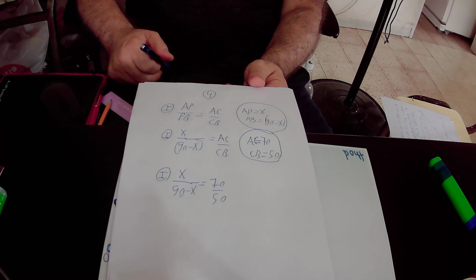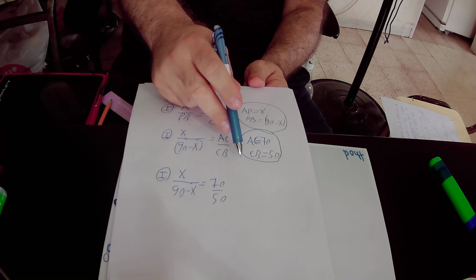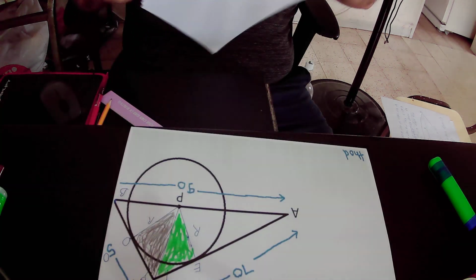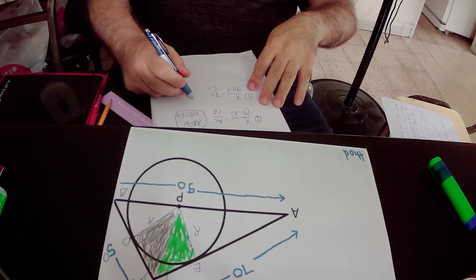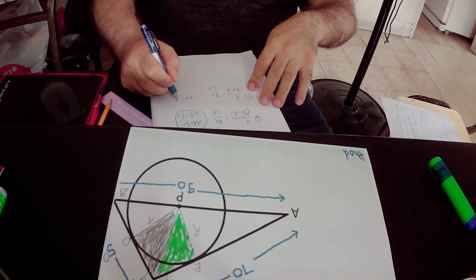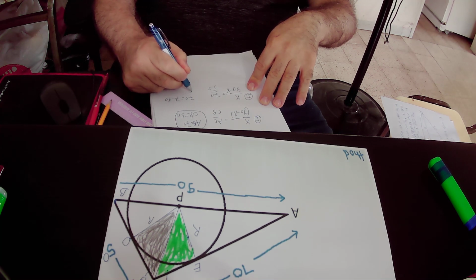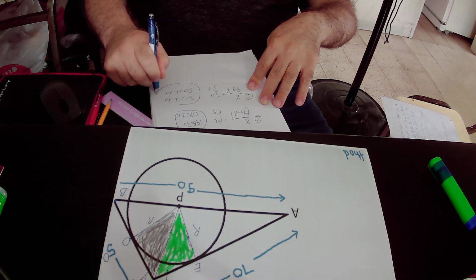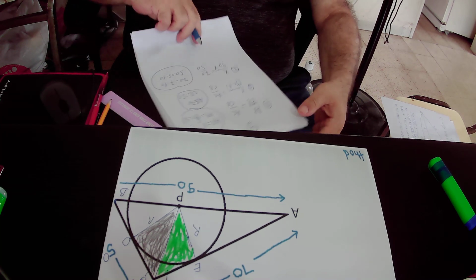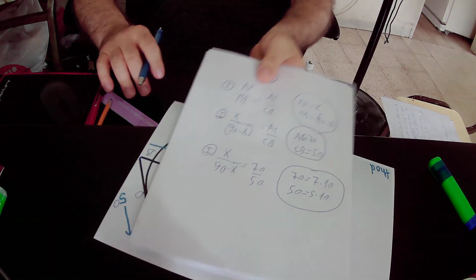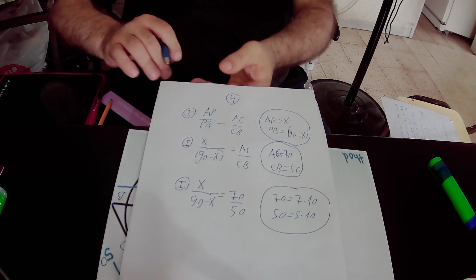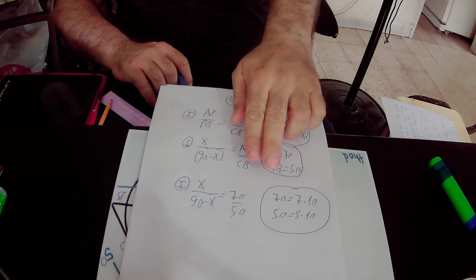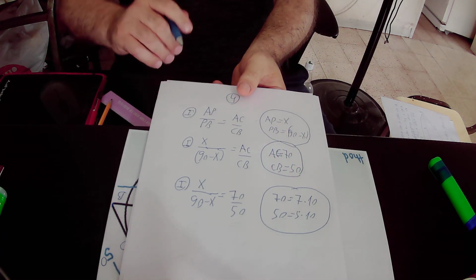Now 70 equals 7 times 10 and 50 equals 5 times 10. So I write it down. Here I will substitute 70 by 7 times 10 and 50 by 5 times 10 in equation 1.